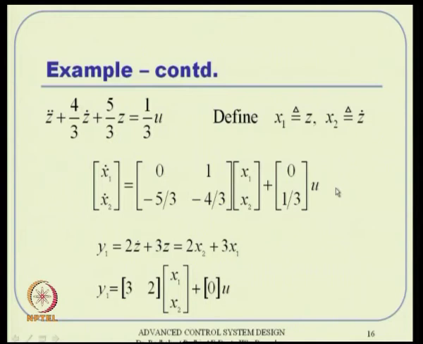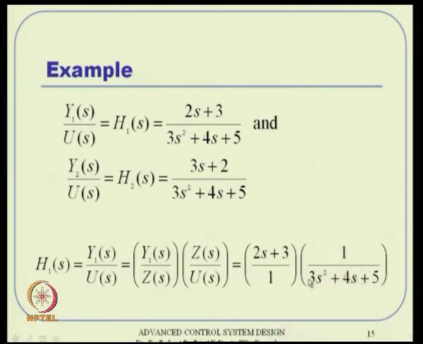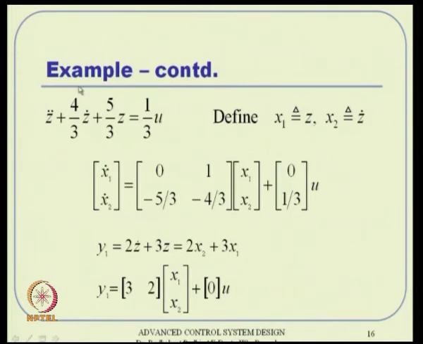Then this 3 that you see here will divide everywhere, so expressions like 4 by 3 and 5 by 3 will come. You can do the algebra in a little more detail. So, the equation will turn out to be something like 4 by 3 plus 5 by 3 equal to 1 by 3 u. Then you define x1 and x2 that way.